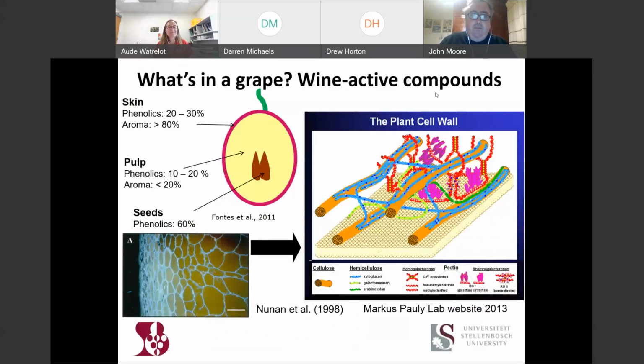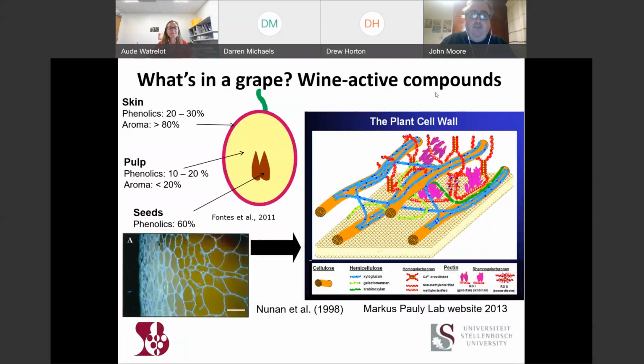What's the importance is that wine active compounds are locked up in grape tissues, and this is just a picture from Fontes et al., where they showed that 20 to 30% of phenolics are locked up in the skins, and 80% of aroma is present in the skins.